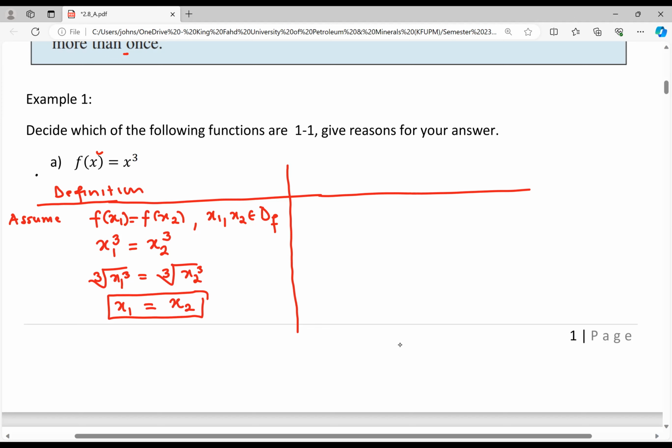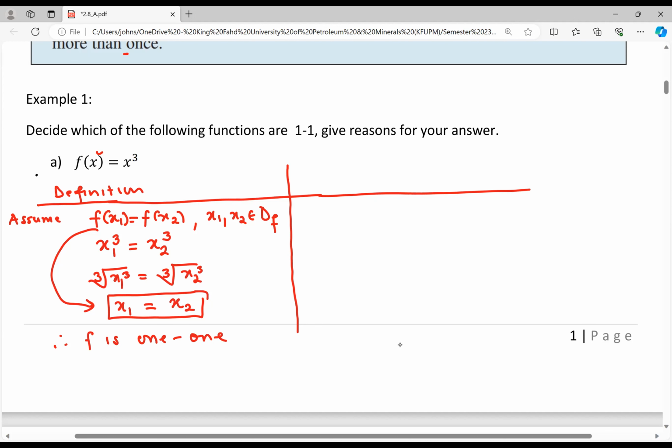Why? Because we assumed that f of x1 equals f of x2, and we end up with x1 equal to x2. This is true for any x1 and x2 in the domain, meaning any real numbers, because the domain of this function is the whole real line. So therefore, f is one-to-one.